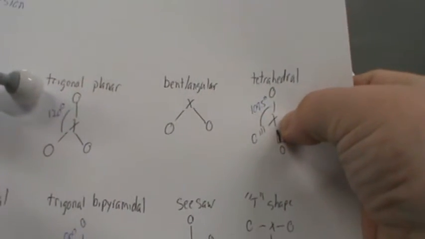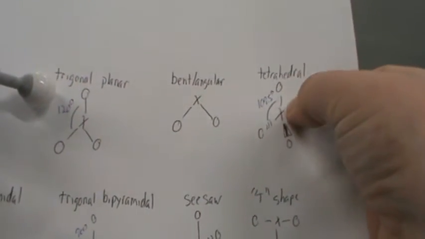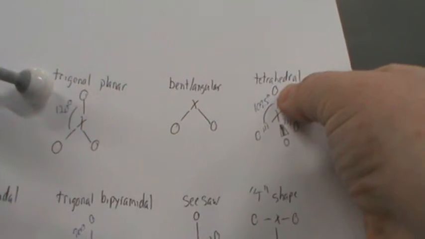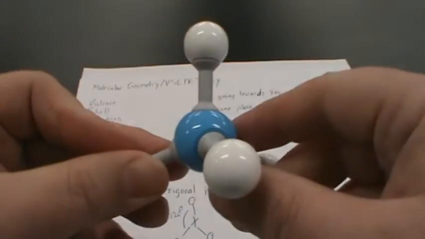Bent. And tetrahedral. Now look at the way I drew the tetrahedral shape. X is our central atom. We have one outer atom in the same plane going up, one coming out towards you, and two going away.